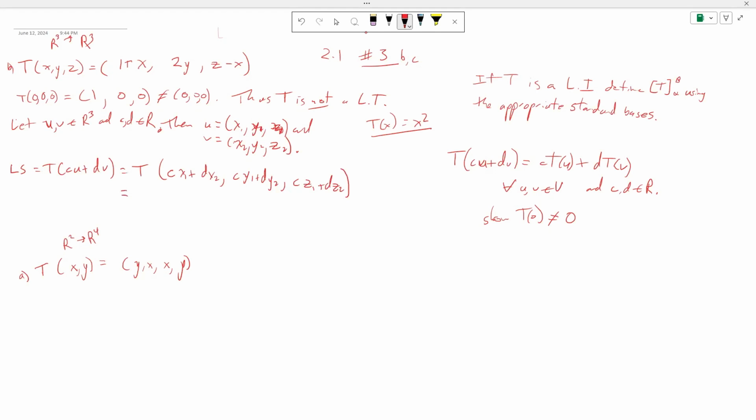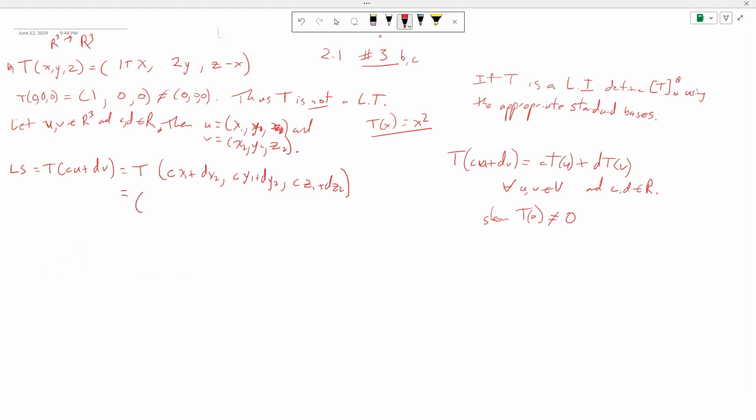That's what my left side is going to equal. Now I'm going to apply the function.